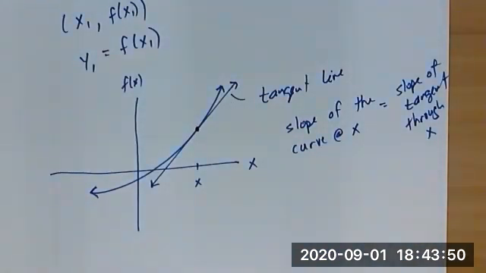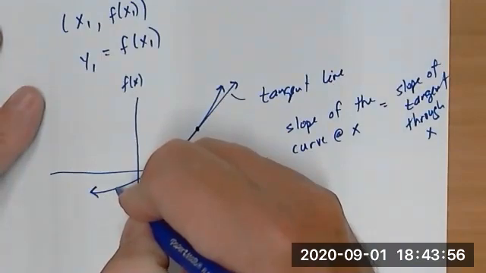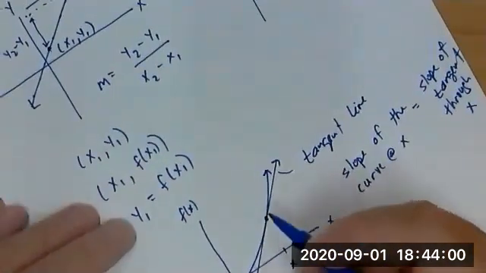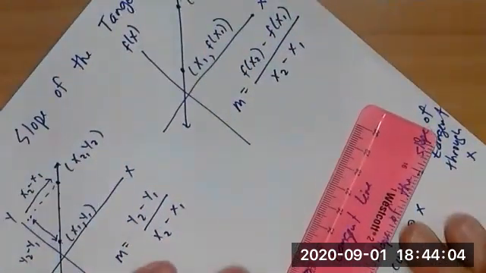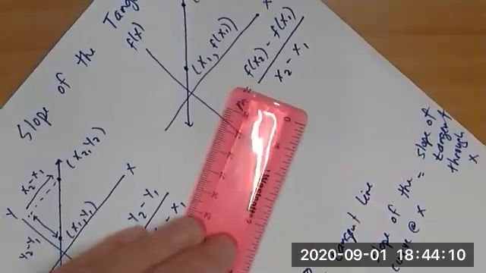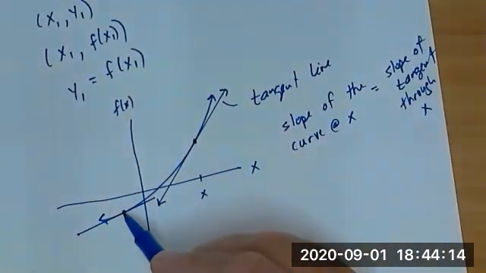Because what happens if you try and pick 2 points, say you wanted to find the slope down here. So here's your tangent line down here. Looks about like this. Well, if I want to find the slope here, to find the slope, you need 2 points.